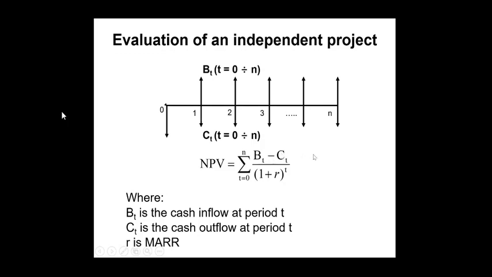Okay. And 1 divided by 1 plus r to the power n is the single payment present worth factor, and small r is the minimum acceptable rate of return. That is the formula to calculate the net present value.